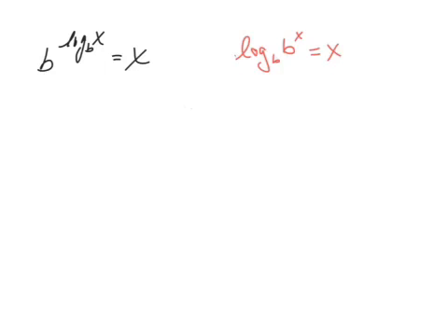Let's look at example 6. We have log base 10 of 10,000. Okay, so what we're going to do is try to get these two numbers to be the same, kind of like the b and the b here. We want them to be the same.